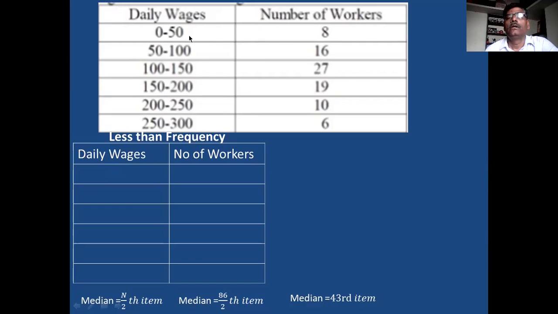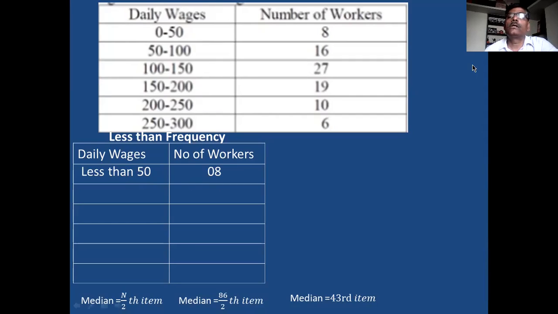You see here, 8 workers are there. Earning is up to rupees 50, 0 to 50. It is nothing but 8 workers earning less than 50 rupees. I'll plot like this. Less than 50 wage earners are only 8. This is the simple one.